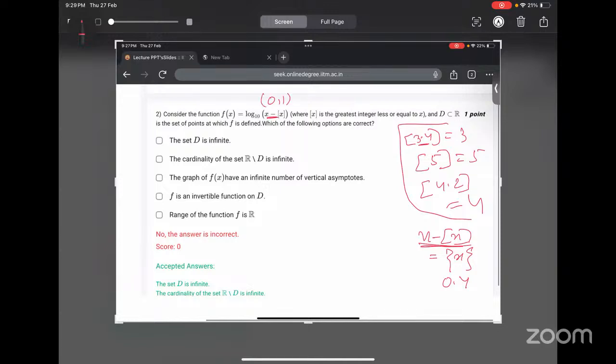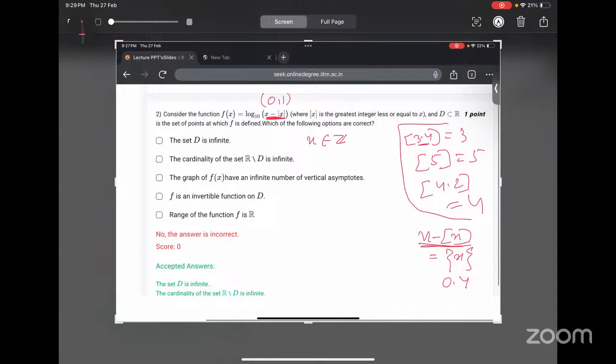If x belongs to the integers, then what will be the quantity? 0. Now if I want to define the domain of this function, log 0 is defined or not?